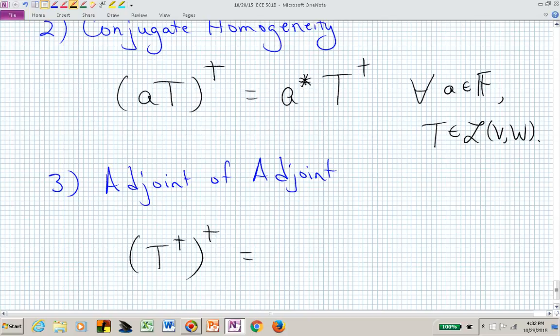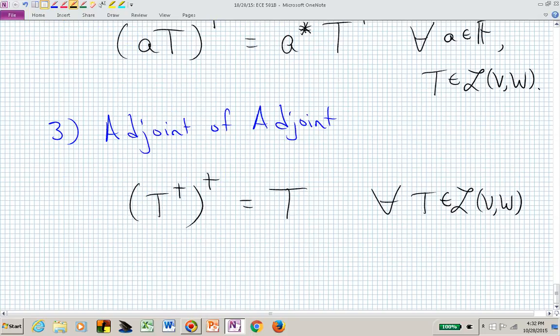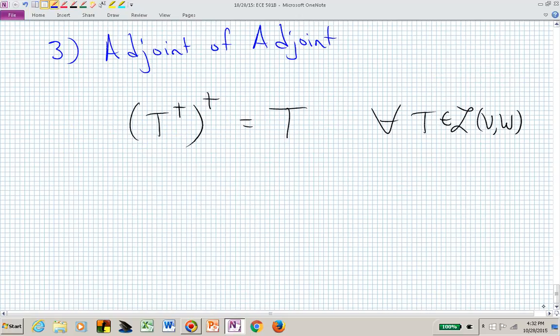So the adjoint goes from W to V. The adjoint of the adjoint must go from V to W, and in fact, it goes there according to the original linear map T. Which means if you're playing around on Friday night and you start taking the adjoint of all these linear maps, you keep repeating and eventually you get back to where you started. I'm sure you're all going to do that.